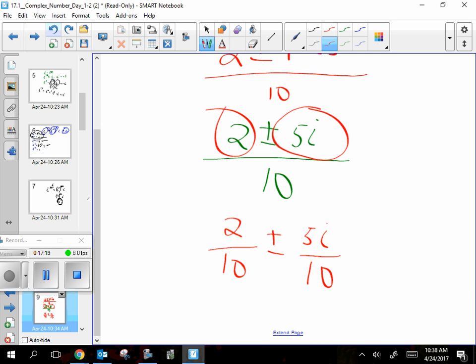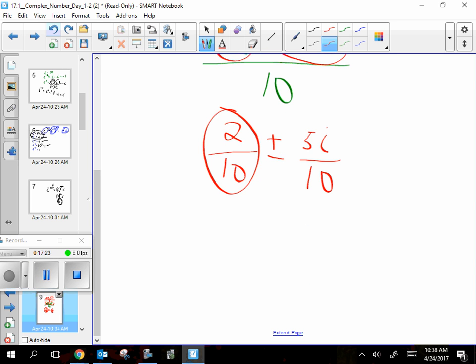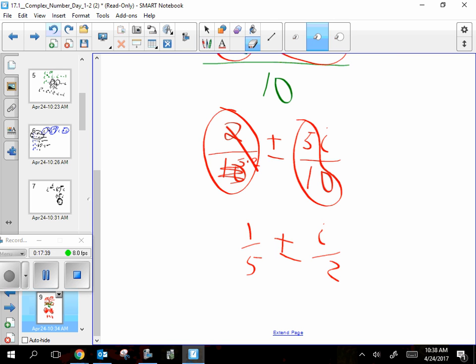Why? Because now it can be simplified. Now this part can be simplified. It's just 2/10, which is the same as what? 1/5. If I wanted to do this as a 5 times 2 to show the 2's canceling, it's 1/5. Plus and minus, now these can simplify. I over 2. We do agree that'd be the same as 1/2 i.